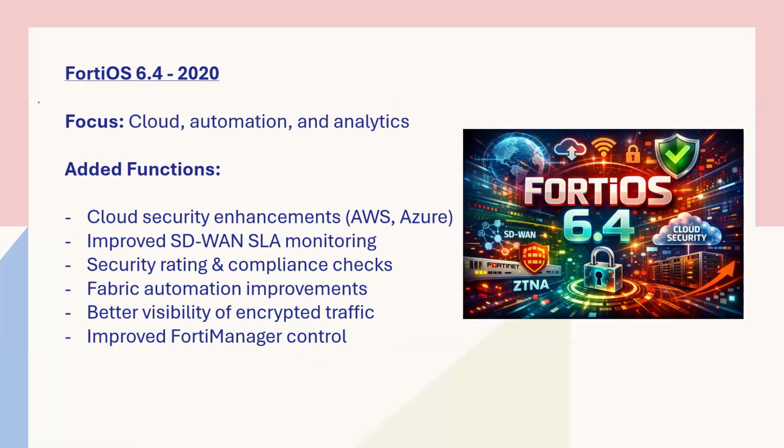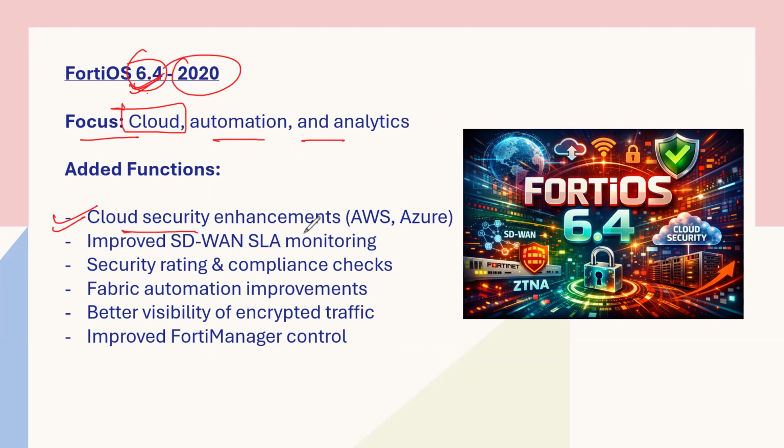Then what do we have? 6.4, year 2020. So you can expect that on average they come with new OS versions every year, right? So what was the focus point? Cloud automation and analytics. So it provided cloud security. We can say that cloud security was added from 6.4.